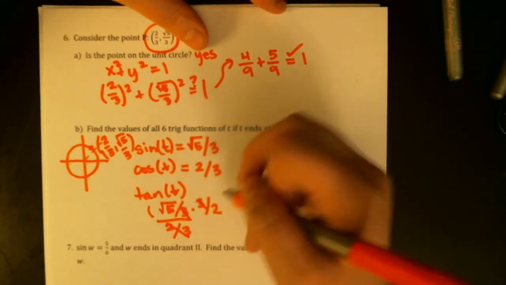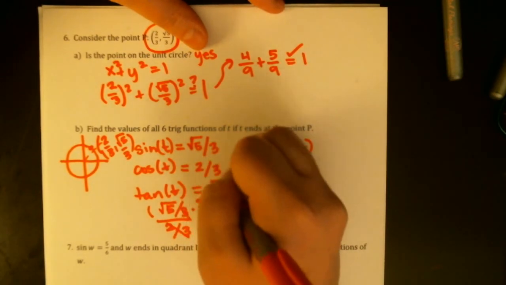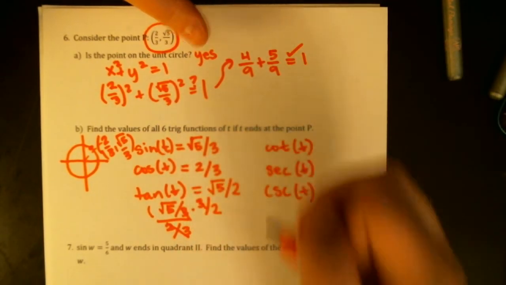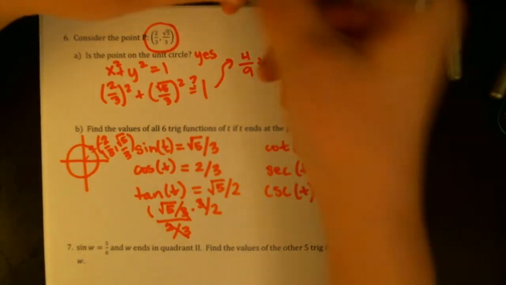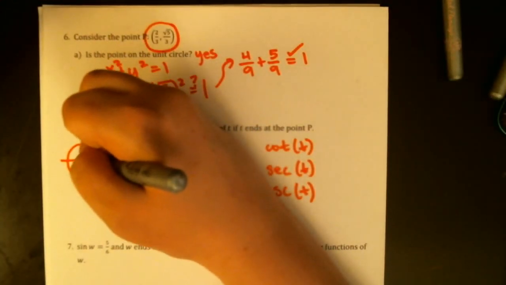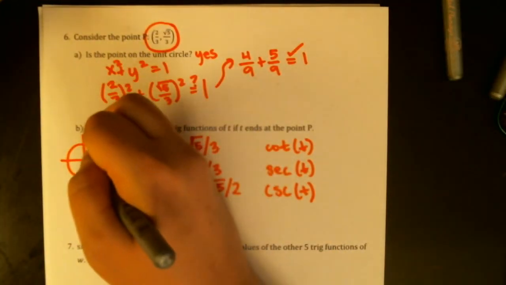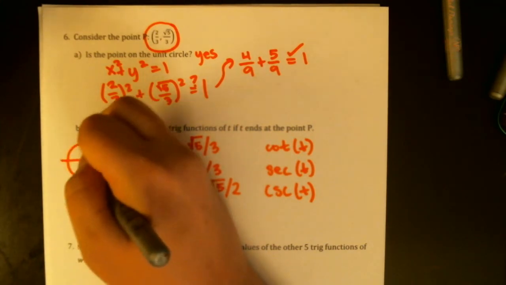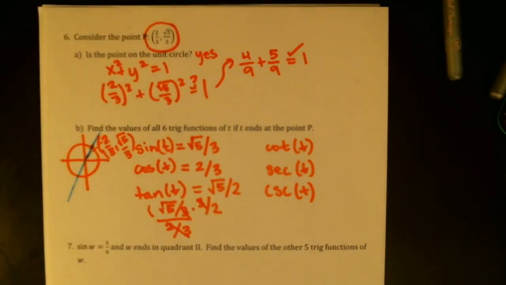And it looks like those 3's are going to cancel, and tangent will be root 5 over 2. And remember, if you want a little bit more of a geometric interpretation of tangent, tangent tells you the slope of the line that goes through the origin and your point P, or whatever you're calling your point. I think it is P in this one.